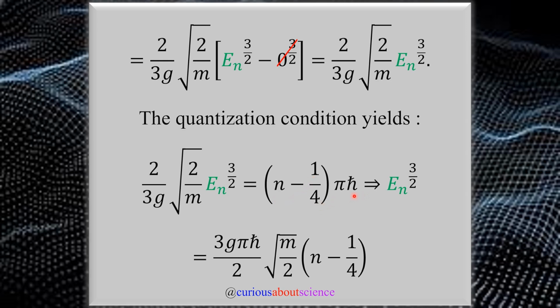So clearly, if we want to solve this for energy, we need to divide by all our constants, but the constants are fractions, so we're multiplying by reciprocals. Hence, we get 3g pi h bar over 2 with the square root of m over 2 because reciprocal, and then n minus 1/4. Now we got to get that power off of En.